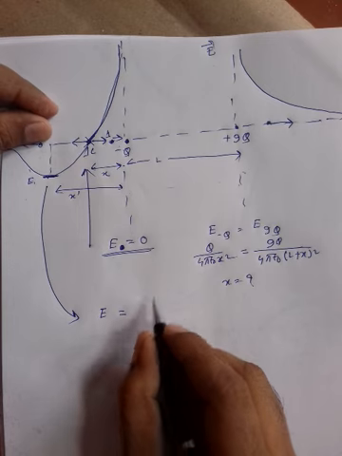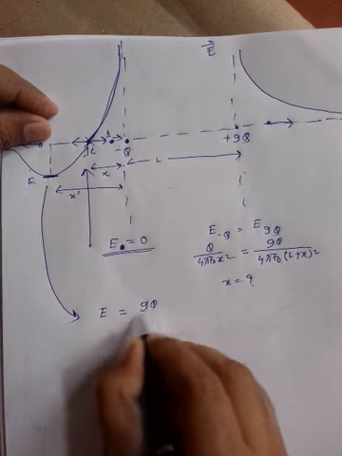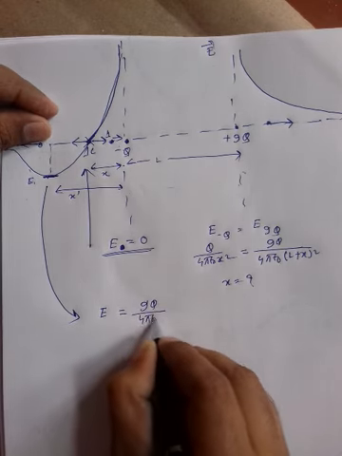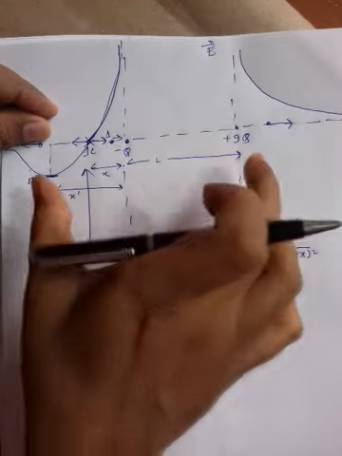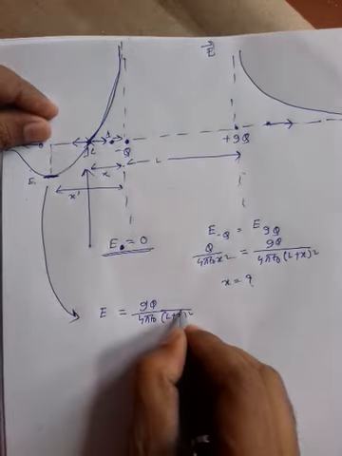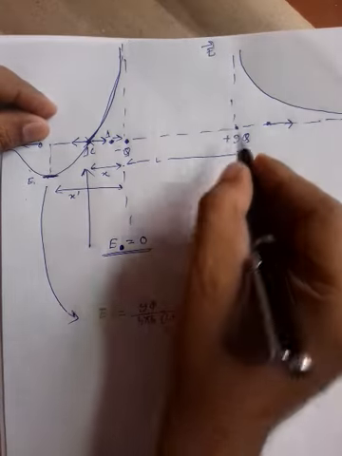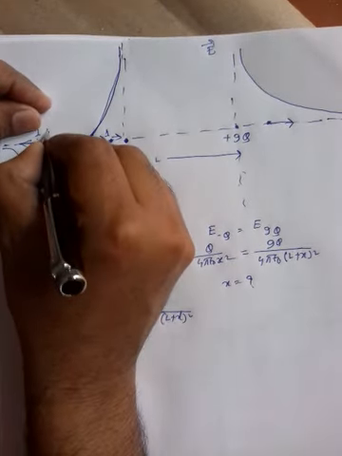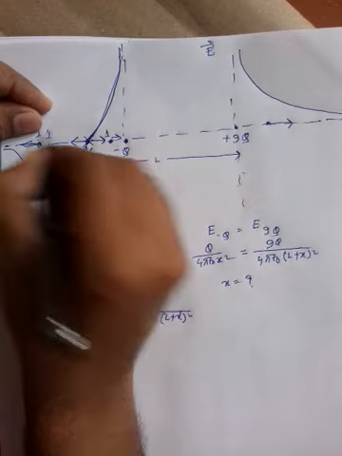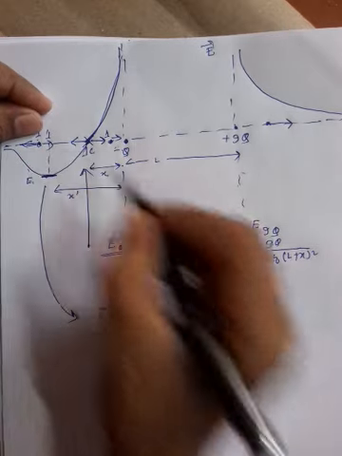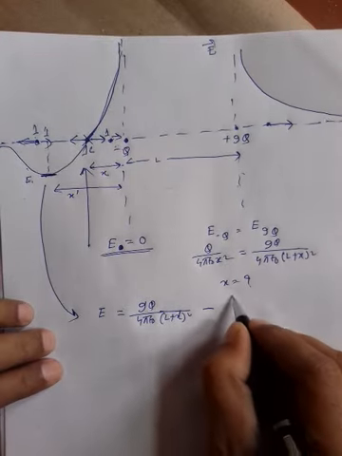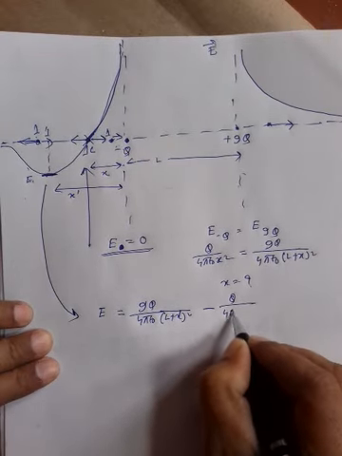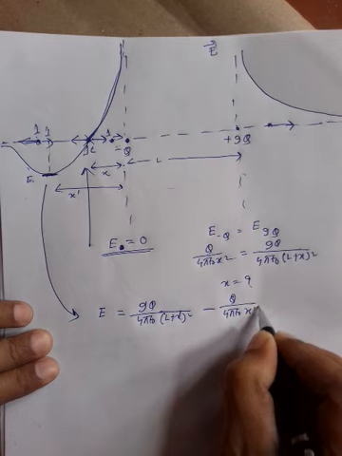It is because of 9q divided by 4 pi epsilon naught L plus x dash square, because this distance is L plus x, I am writing x dash. 9q, any 1 coulomb charge placed here will be repelled, and because of minus q attracted, they are in opposite directions. So the field because of this one is to be subtracted: q by 4 pi epsilon naught x dash square.